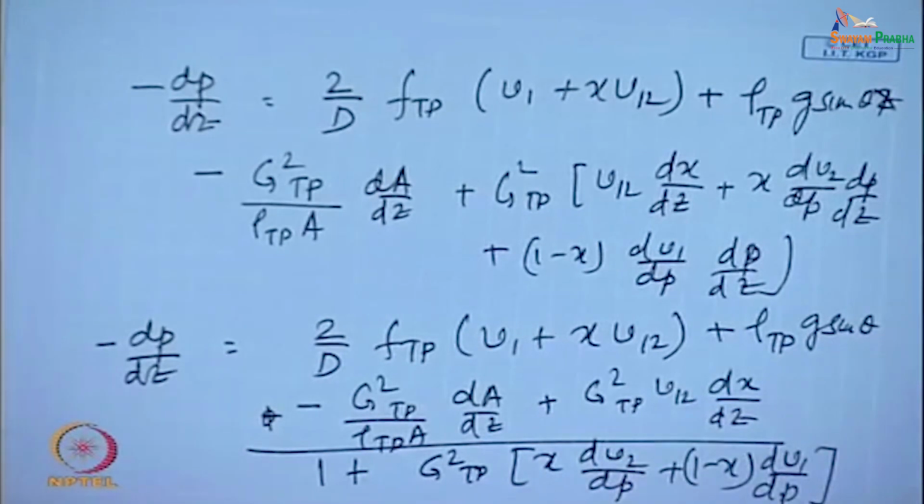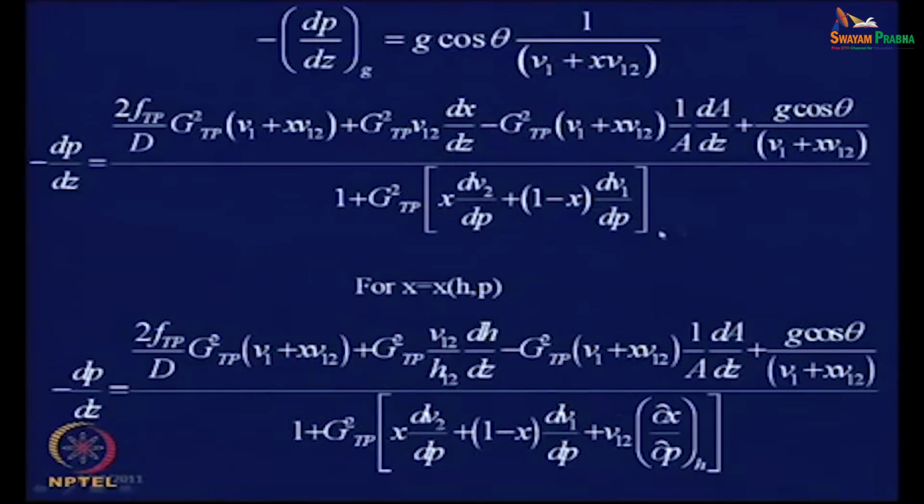This is the final expression that we get for calculating the pressure gradient when two phase flow is occurring under homogeneous flow condition. The entire thing has been written down in this slide.